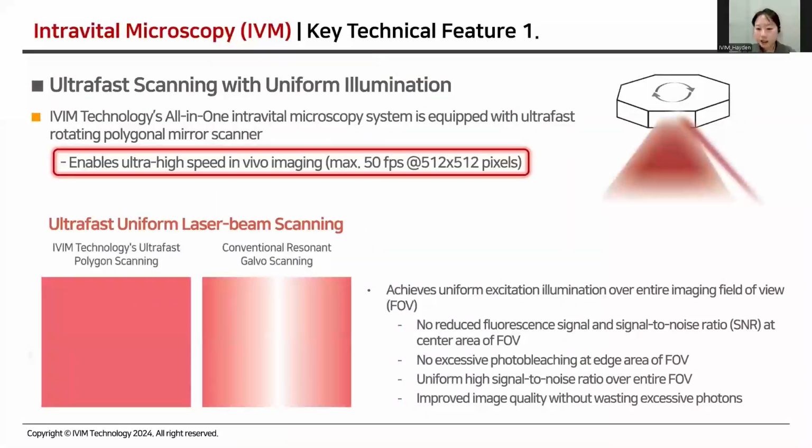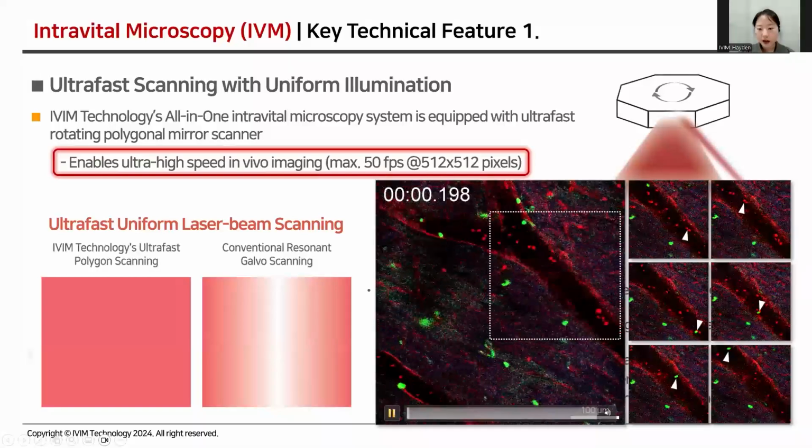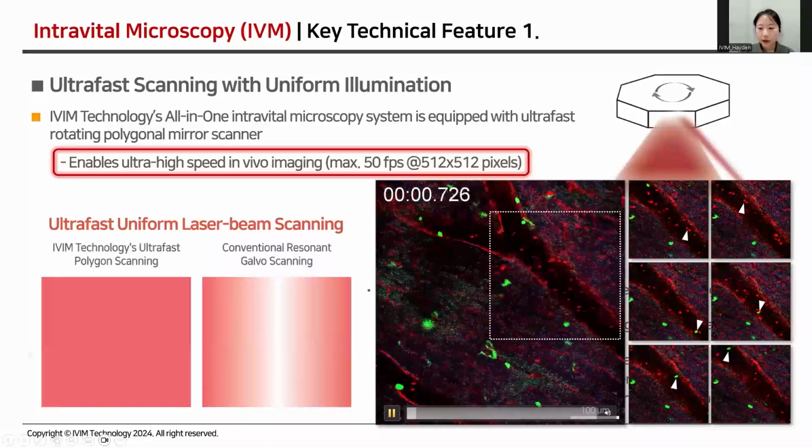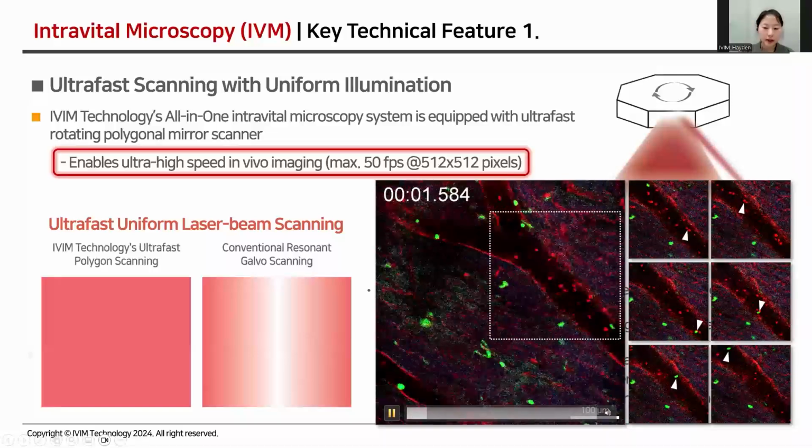IVIM's imaging system has an ultra-fast polygon mirror scanner, with speeds up to 50 frames per second, enabling capture of the fast dynamics of cells like RBCs or green immune cells flowing inside of the blood vessels in the heart.